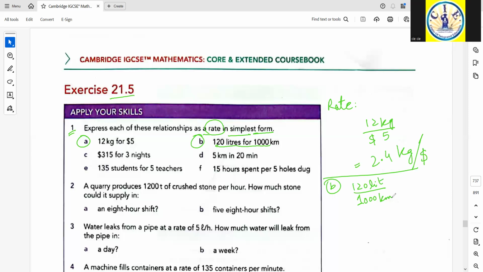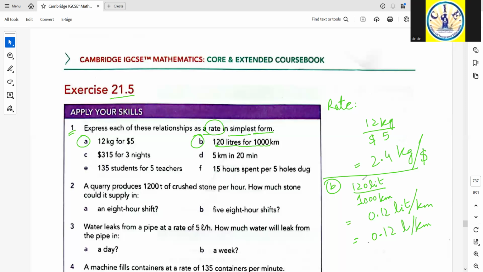And simplifying them, we can have 0.12 liters per kilometer. So let me write it down: 0.12 liter per kilometer.